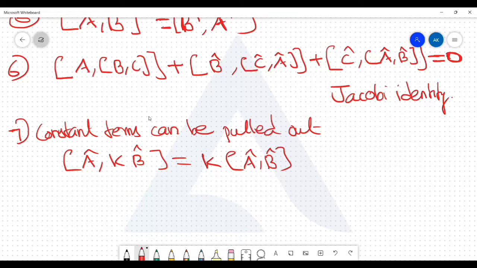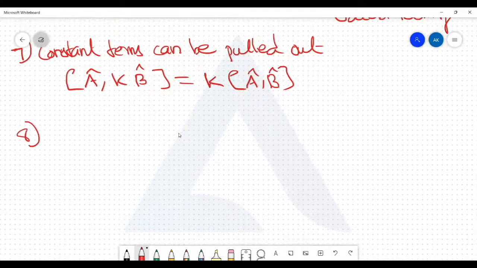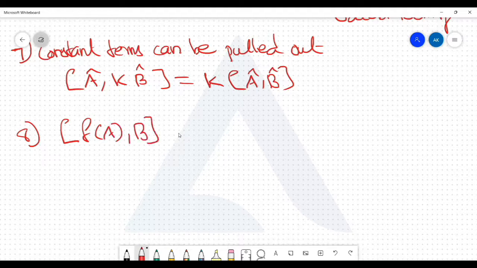Now, the next identity. If we have a function f of A and we want to analyze its commutator with B, then the commutator of a function of A with B is simply the commutator AB into the differentiation of that function with respect to the variable.